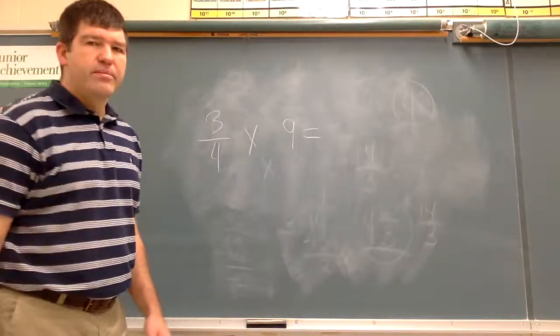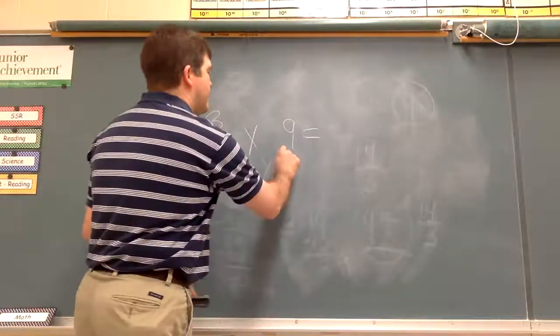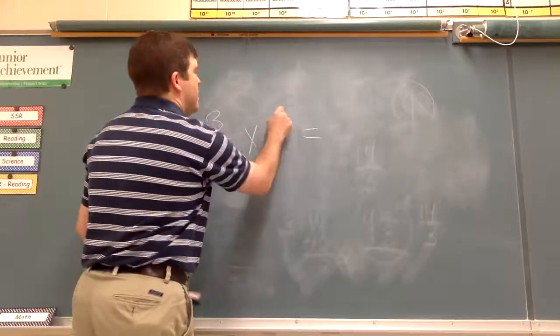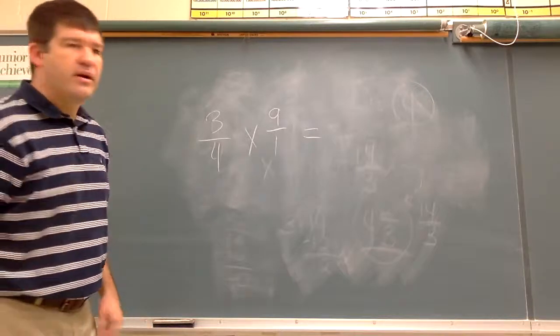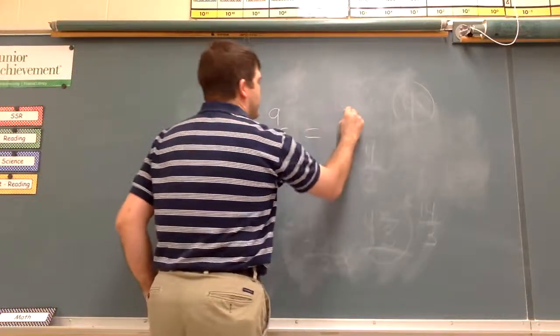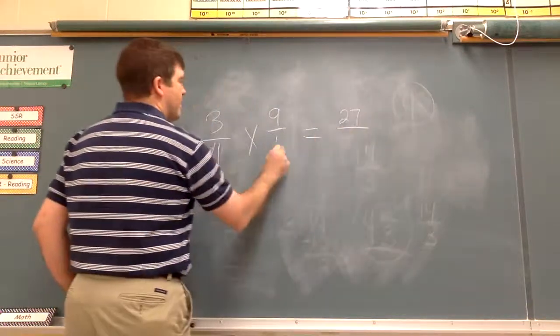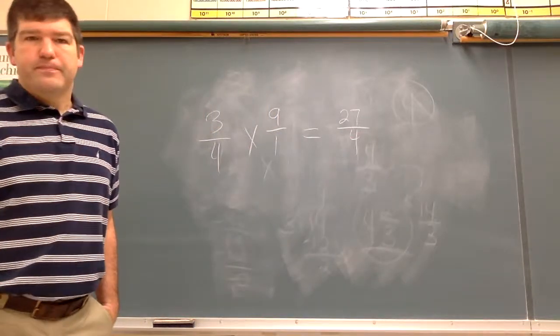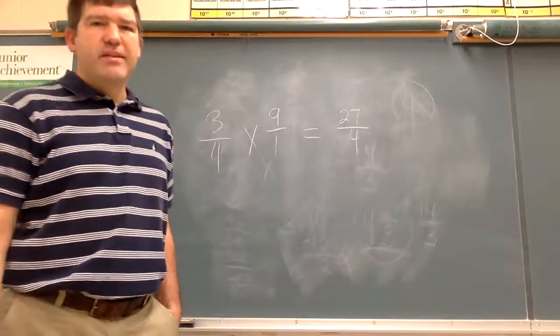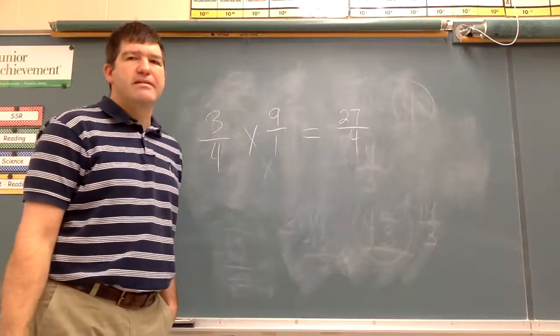All right, let's see, I have a whole number, so I'm going to make that into a fraction, 9 over 1. Fraction times fraction, I'm going to multiply them across. 3 times 9 is 27. 4 times 1 is 4. Okay, my answer is 27/4, but it's improper, so I want to make it into a mixed number.